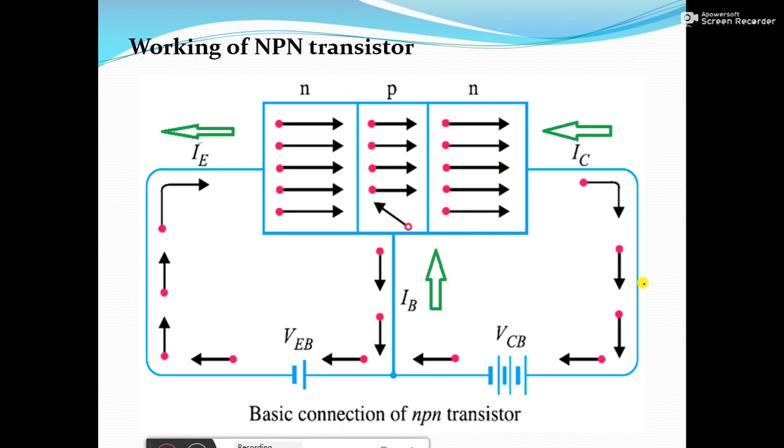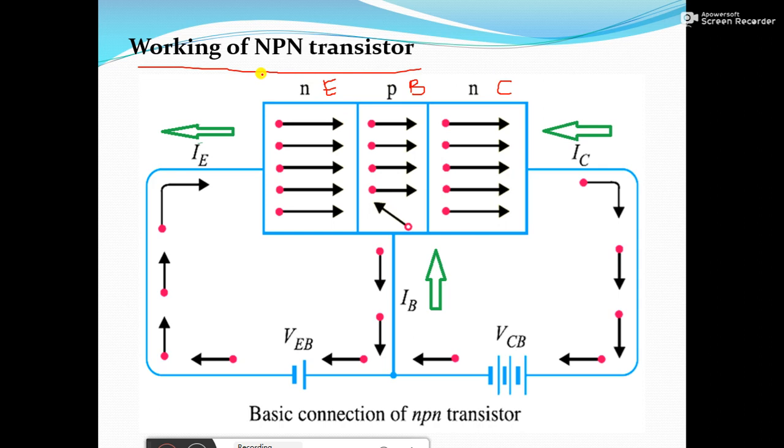Okay. Then we will study the working of the NPN transistor. While explaining the working of an NPN or PNP transistor, it must be operated in active region. Here you can see the NPN transistor, and this is known as the emitter, the middle layer is known as the base, and the right layer is known as the collector.